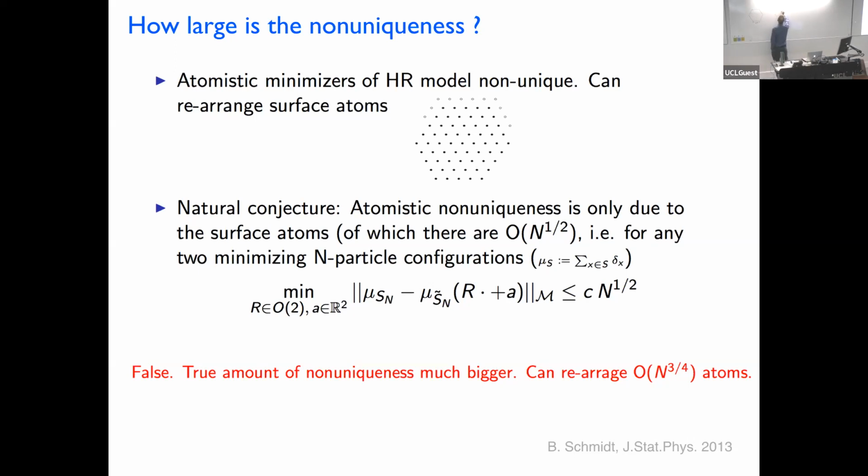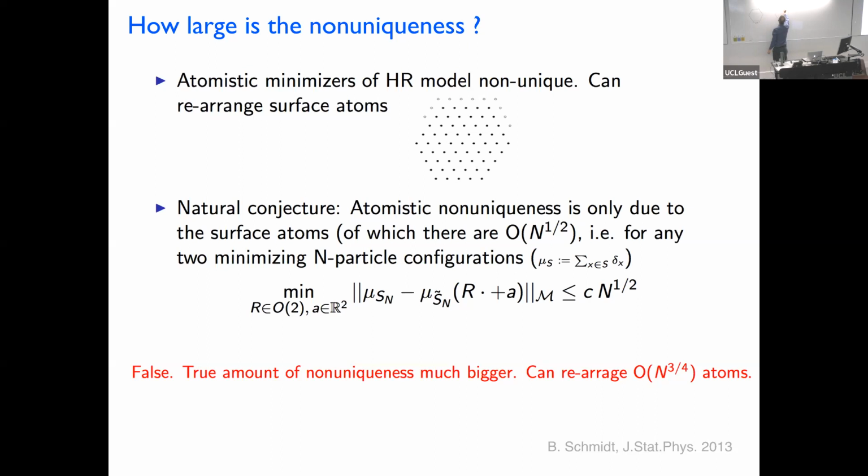So now I've added a whole line of atoms here. I've added n to the 1/2 particles. So let's do the count correctly. It's still n to the 1/2.